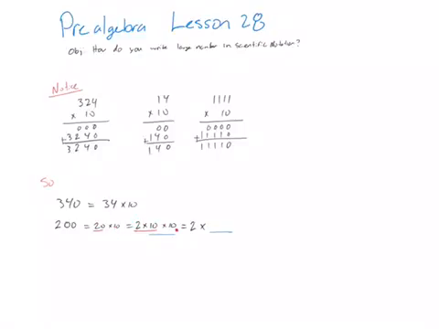Or what you could do is write 2 times 10 squared, because remember, 10 times 10 is 10 squared. And there you go, you've just written your first large scientific notation. Let's go on and do a few more.